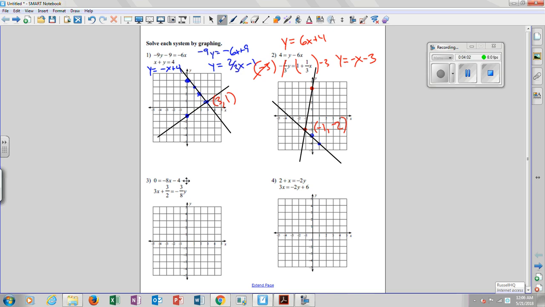Number 3, you got to get y by itself, so you just add it over. Y equals negative 8x minus 4. Second one, you're going to multiply by negative 8 over 3.